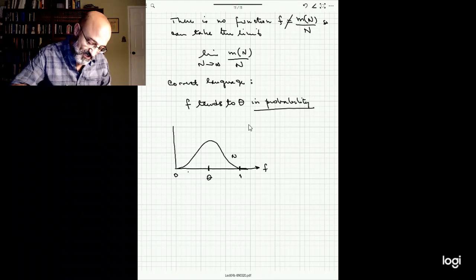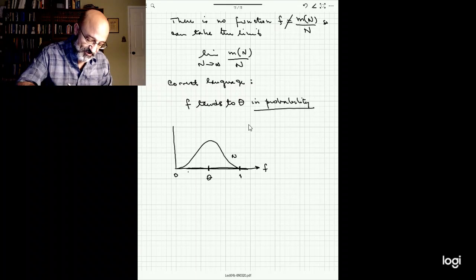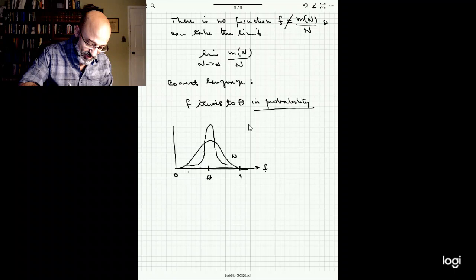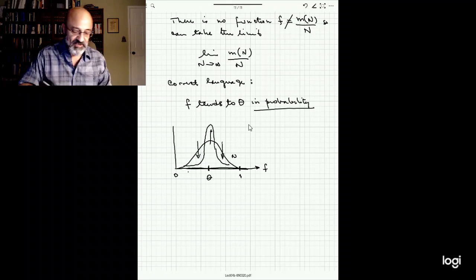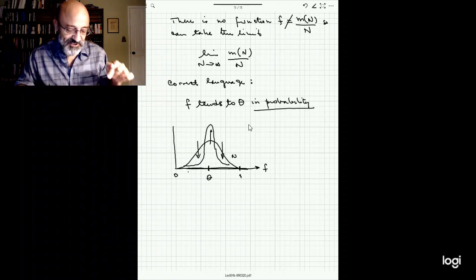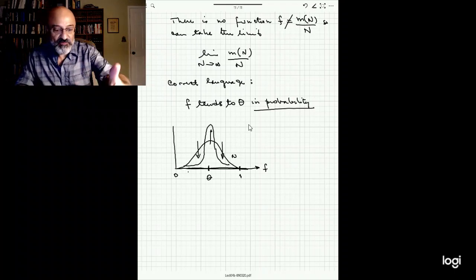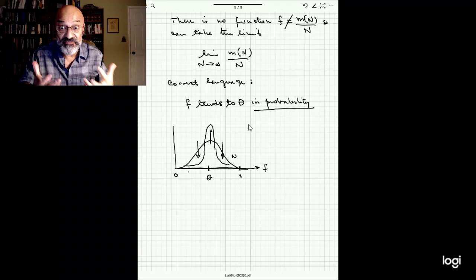As n increases, it is not that this axis somehow shrinks. It's rather that the probability goes to 0 out there and increases here. So f tends to theta in probability. It is not f that tends anywhere, it is the probabilities that tend somewhere, because the probabilities are the ones for which we have a function.